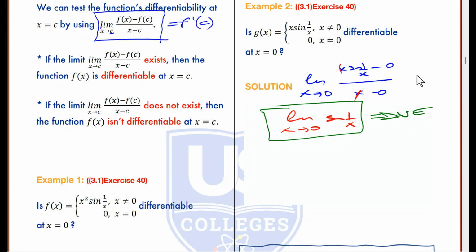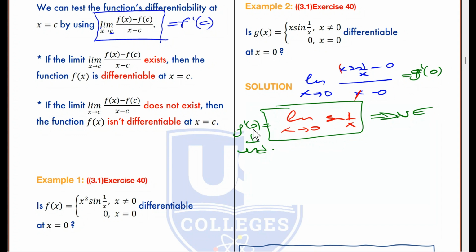So this limit form means g prime of c, which is 0. Since we don't have a limit here, we don't have a g prime of 0. So g prime of 0 is undefined since the limit does not exist. So there is no derivative.